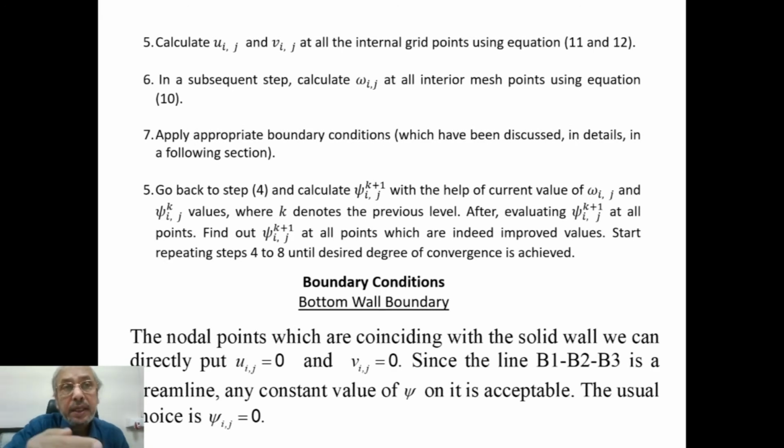Repetitively, as we said, we calculate psi. From psi we find uv. From uv and psi we find the new omega.